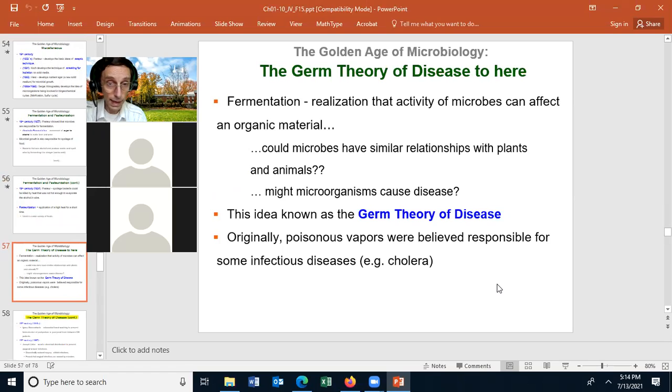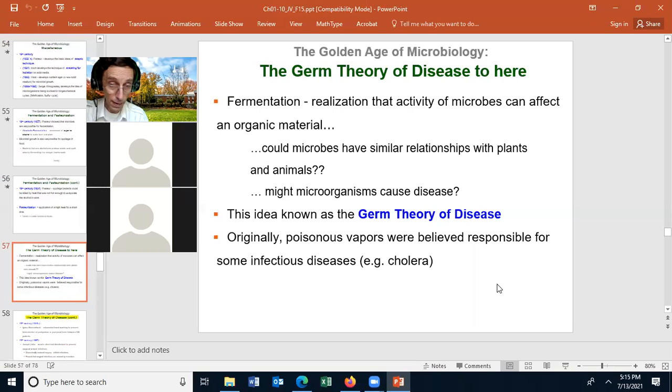Out of that work came the concept that microbes might have a similar relationship with plants and animals, and that microorganisms may cause disease. This concept is known as the germ theory of disease, that germs cause at least some diseases. This was an important advancement in science because before that, people thought, and I'm talking about the medical profession, that poisonous vapors were responsible for some infectious diseases.